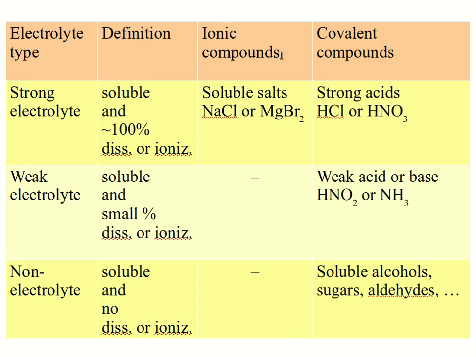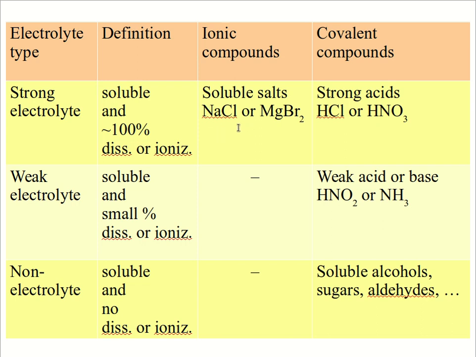And now I'm coming here to my ionic and covalent columns. So in the strong electrolytes, to have 100% ion formation, an ionic compound will do that every time, right? Because I already had ions in the solid. Ionic compounds are typically solid, and so when you dissolve them, the ions simply separate, and you have 100% dissociation.